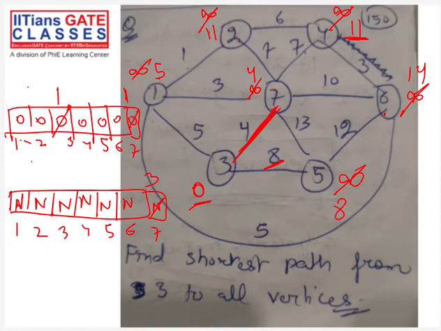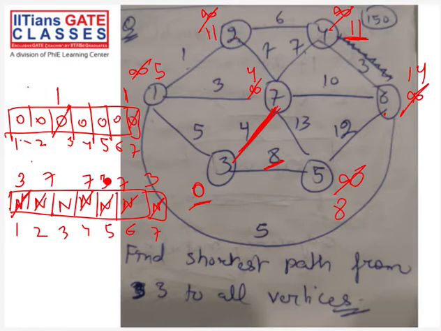So the parent of 6 will be 7, because the value 14 was updated by 7. The parent of 4 will be 7, the parent of 2 will be 7, and the parent of 1 will be 3. 1's parent is 3 and 3 doesn't have any parent, and the parent of 5 was 8, so it was 3.